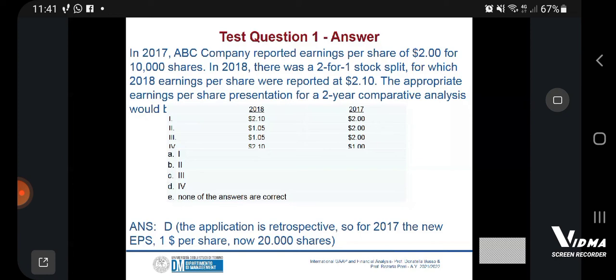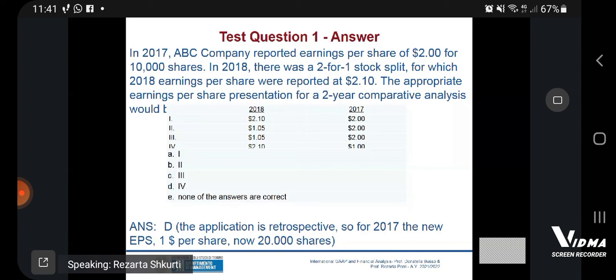Not okay. Again, bonus, you remember bonus fraction. And this is a bonus issue or a stock split, it is the same thing. A bonus fraction was the ratio between the number of shares after the bonus issue compared to the number of shares before.